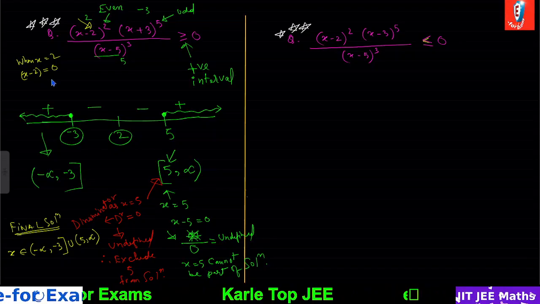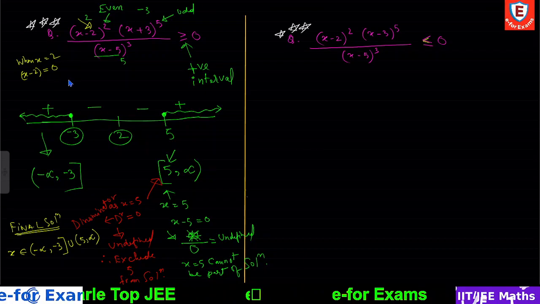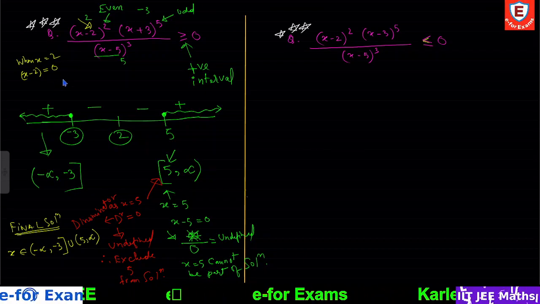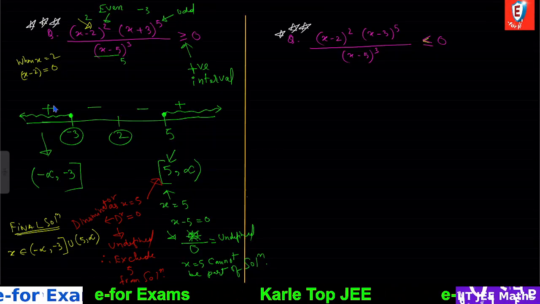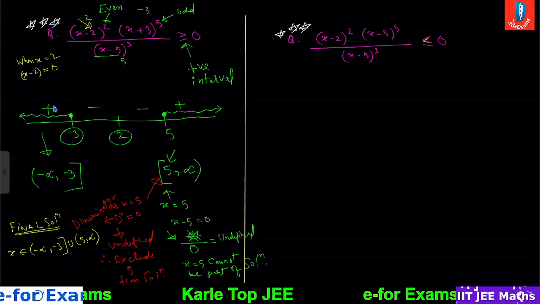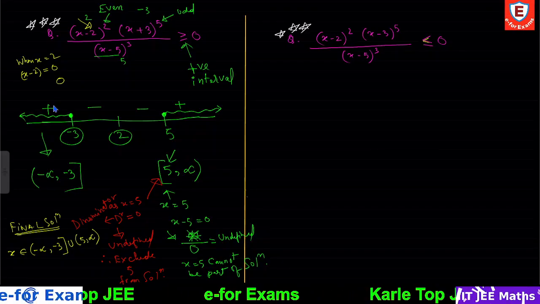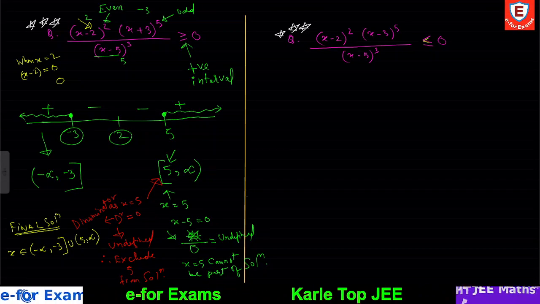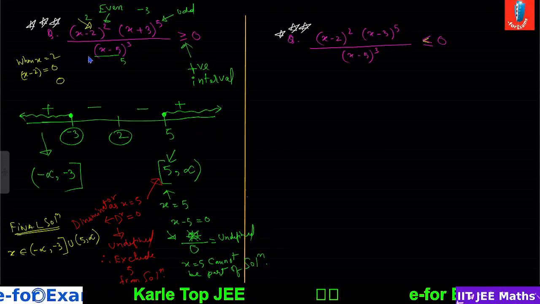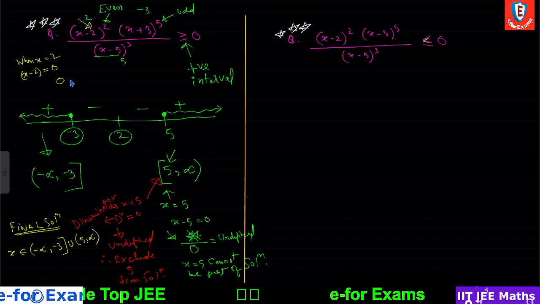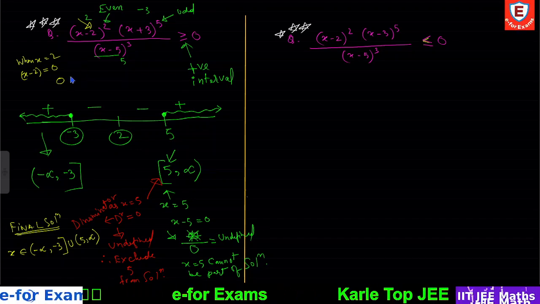x minus 2 is equal to 0. This means making the entire left hand side equal to 0. The entire left hand side is equal to 0, and 0 greater than or equal to 0.